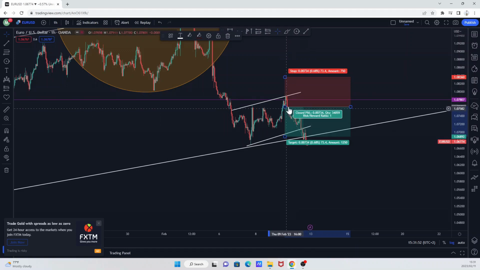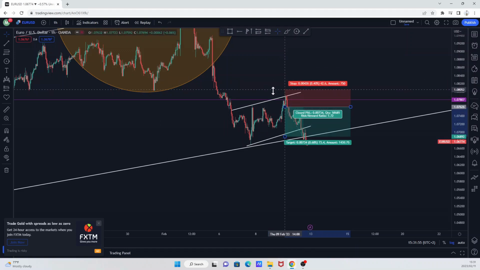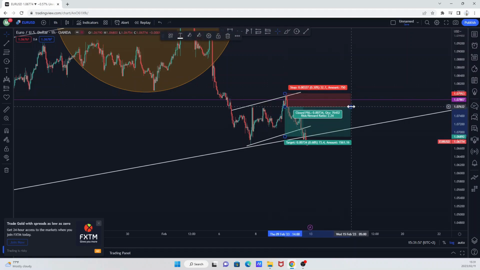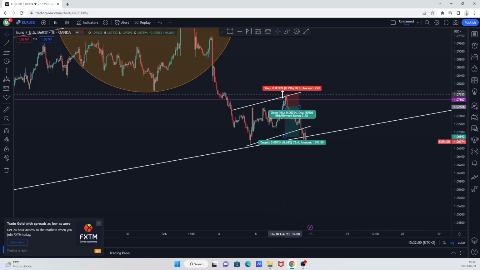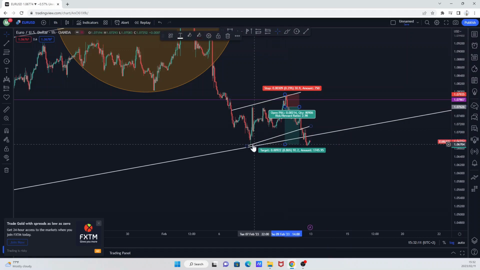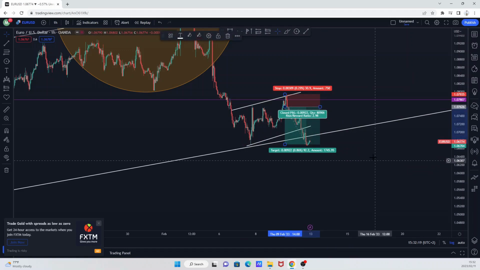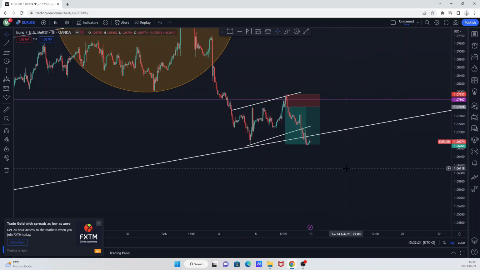You would be able to place your entry there, and make your stop loss tighter. The reason you're making it tighter is because the key level has already been tested, and we're seeing momentum from it. Maybe you target this level here. That's your 2.8% that you would have banked from this trade. So that was the thing.